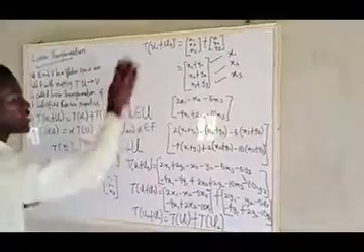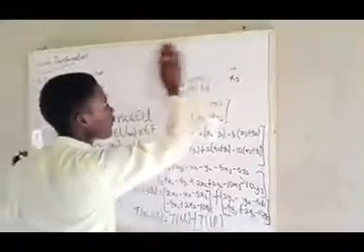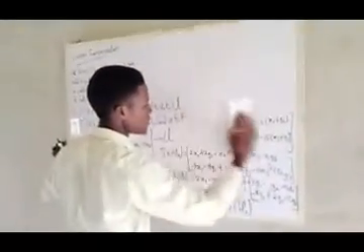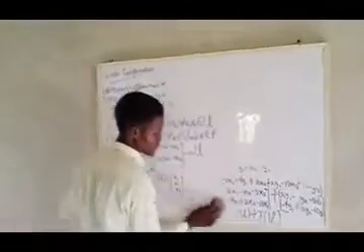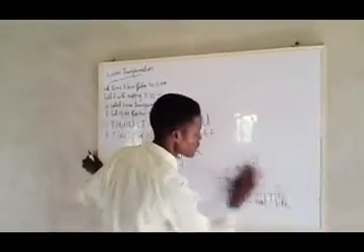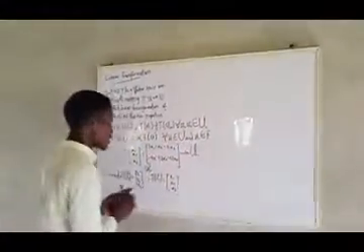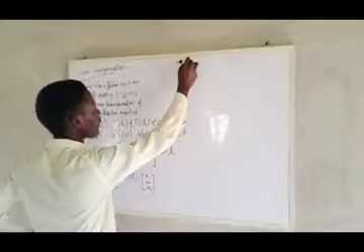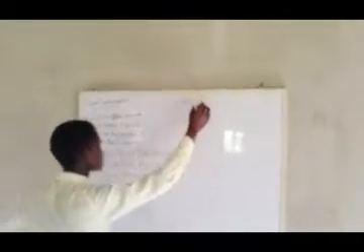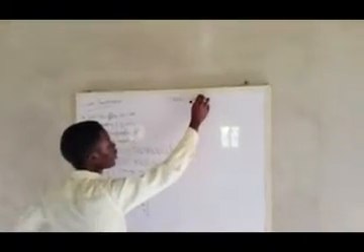So let's do the second axiom now, the second property, which is that of scalar multiplication. This one states that your T of alpha u should be the same as what? Alpha T of u.